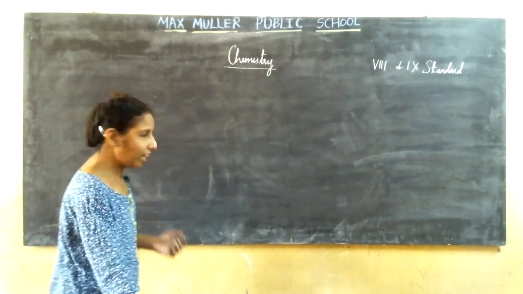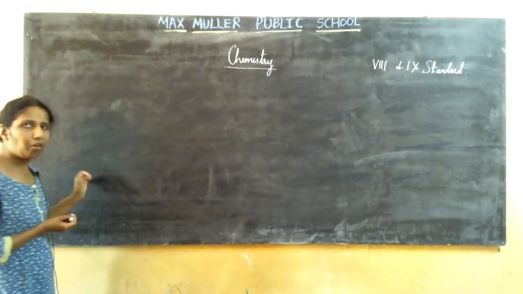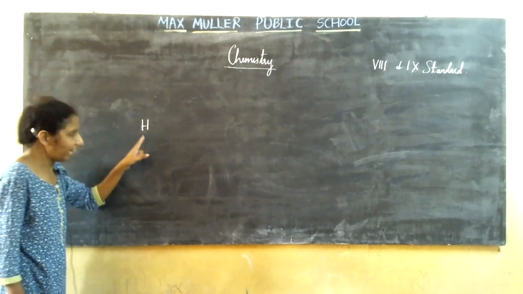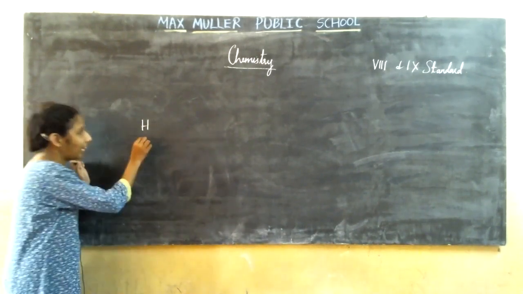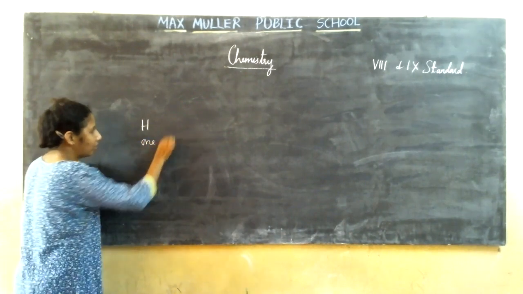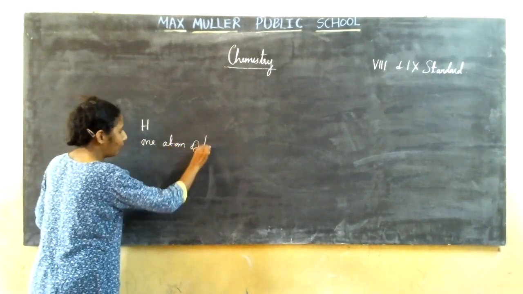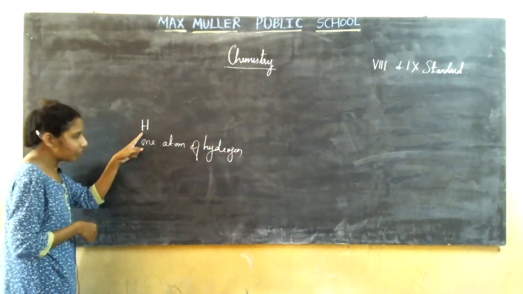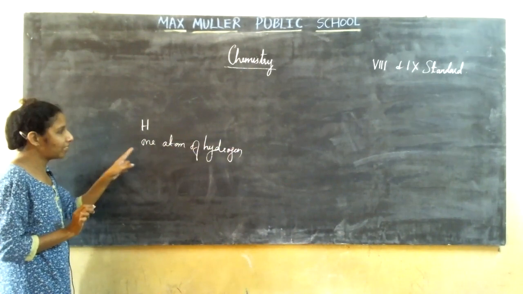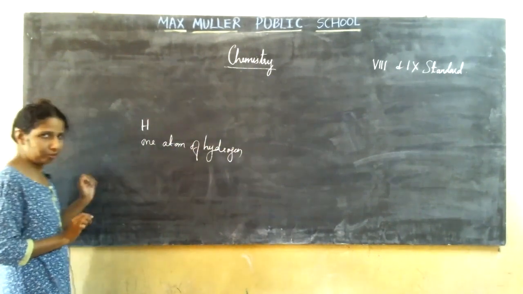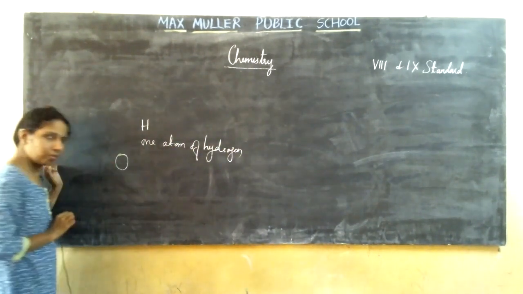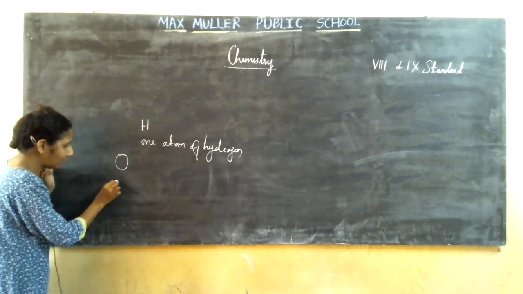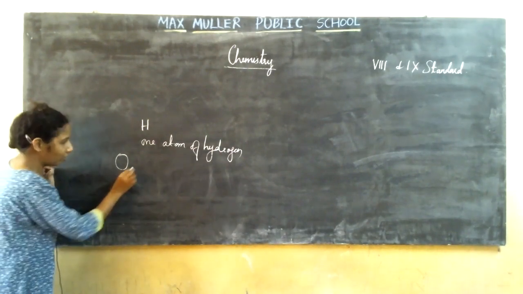Now, I had told you last class, what is the symbol of hydrogen? H. Right? Okay, if I write H, this represents one atom of hydrogen. When I write capital H, it represents an atom of hydrogen. Okay, if I write O, this is the symbol of oxygen. O represents one atom of oxygen.